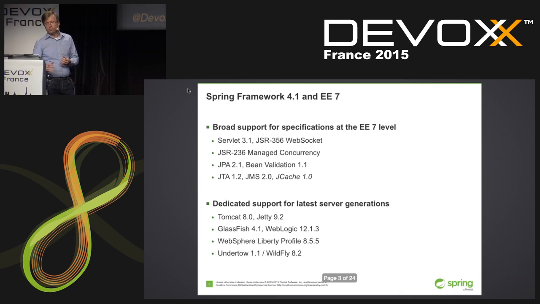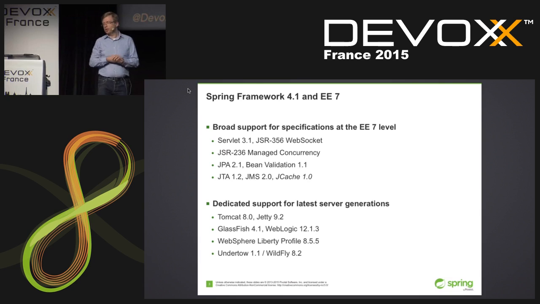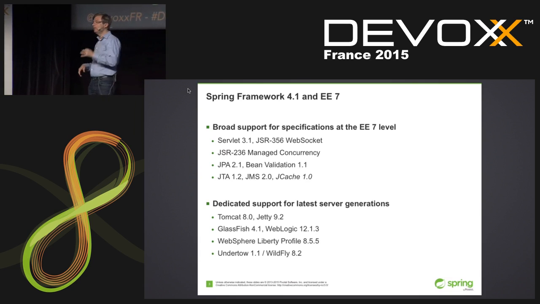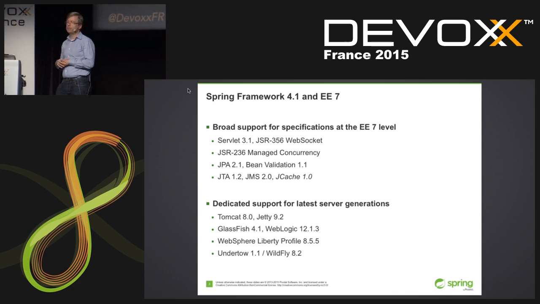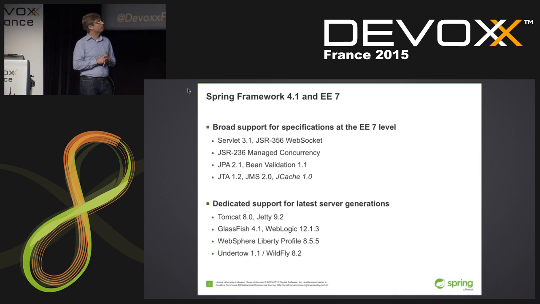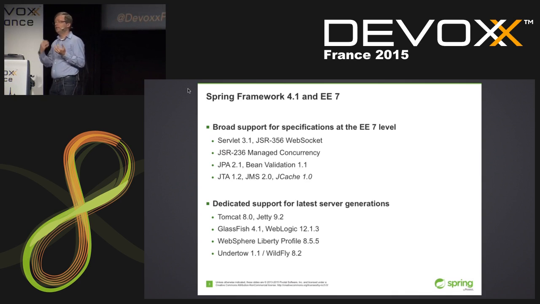All right, so much for a little bit of introduction. Let me just summarize what this means in terms of specifications. Those are all specifications that matter to us, right? That have a relevance within the Spring programming model. And as of Spring Framework 4, we support them in the J2EE 7 incarnation. If you happen to find it in practice, since J2EE 7 hasn't quite made it into the production market yet, as you may be aware.